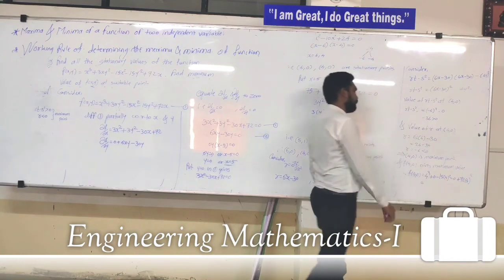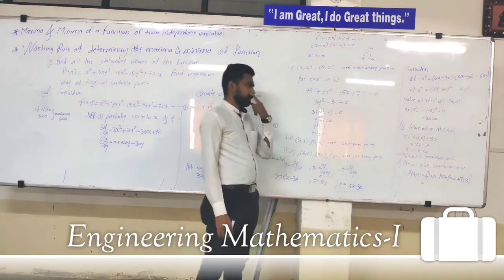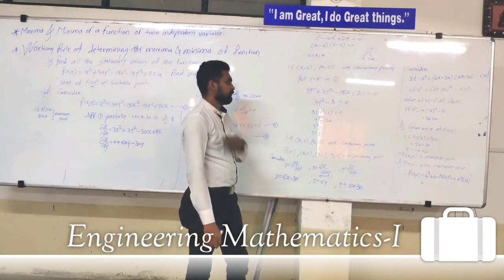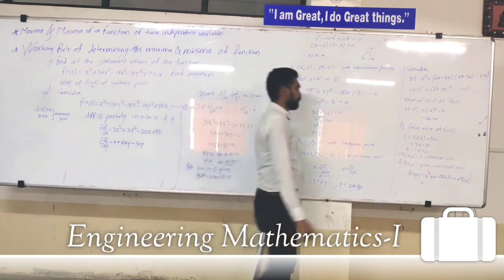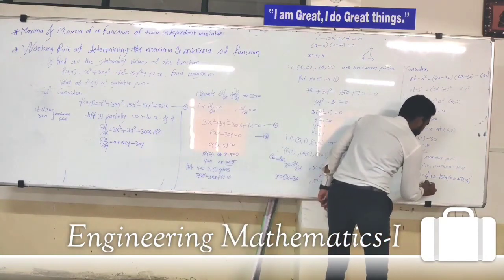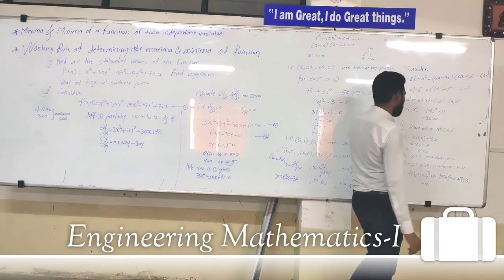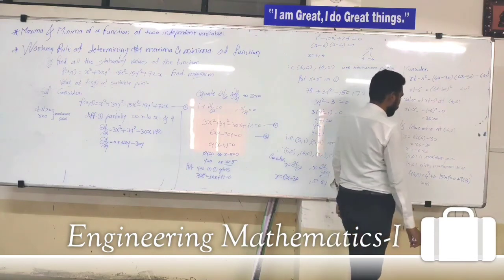So calculate this value, 4 cube काय येणार, 64 येणार आहे.